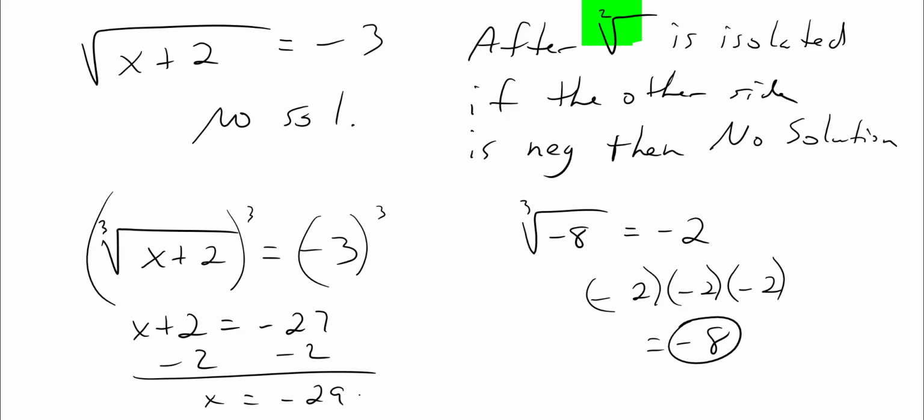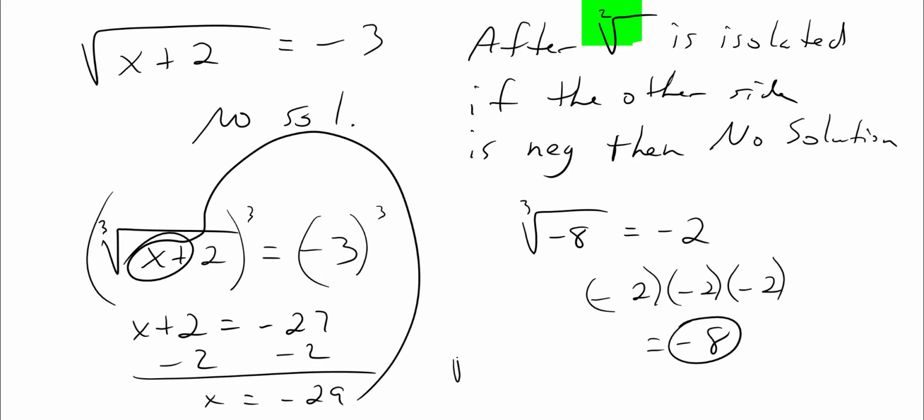Because watch, if I take that -29 and put it back into this equation where there's an x, I'm going to get the cube root of -29 plus 2. And is that equal to -3? That's my original problem. And sure enough, the cube root of -29 plus 2 is -27. If you put that in your calculator, you will get -3. So it does work.